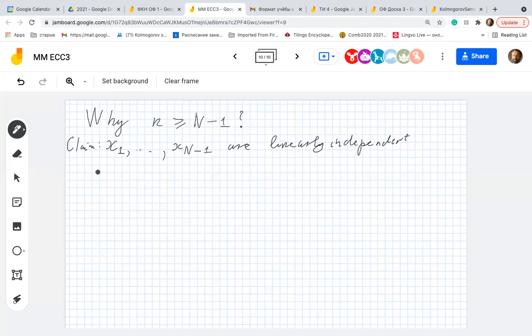So assume the contrary, that some non-trivial combination of those vectors is 0.